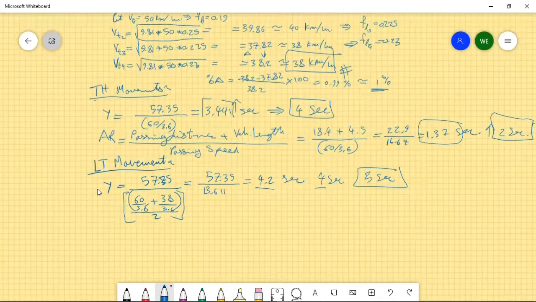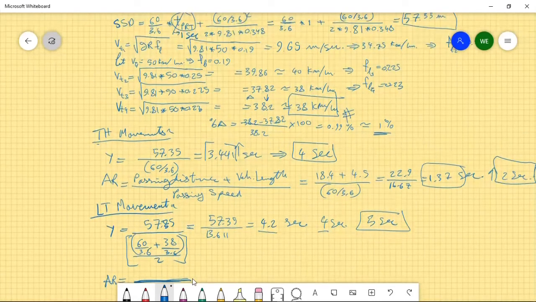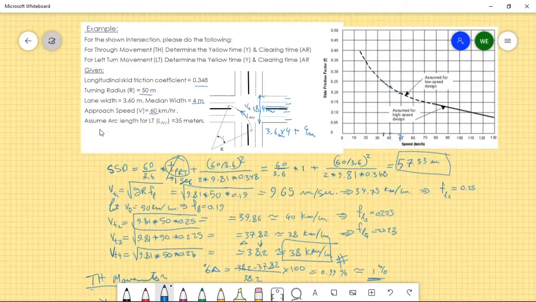The all red will be the same: the passing distance plus vehicle length divided by the passing speed. Here the passing speed is 38 divided by 3.6. That's the turning speed. And I remember we had an arc length here. Assume that for left turn, the arc length is 35 meters.